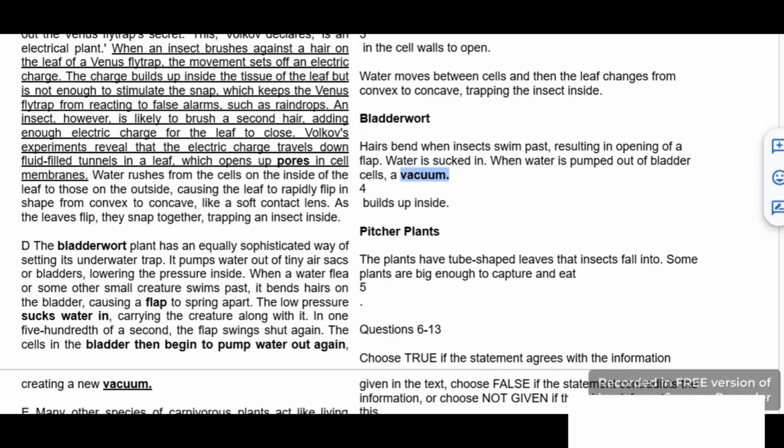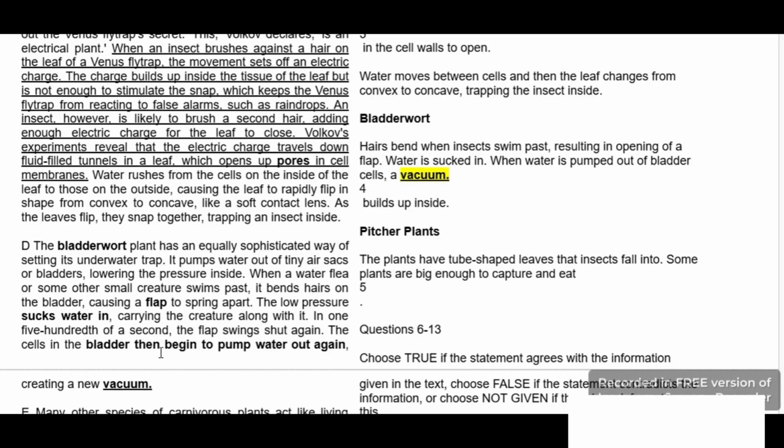So why is this the answer? I need to give an explanation of the process. The bladderwort traps prey underwater, pumping water out, and the prey touches a hair. This means the hair bends, and then water rushes in.